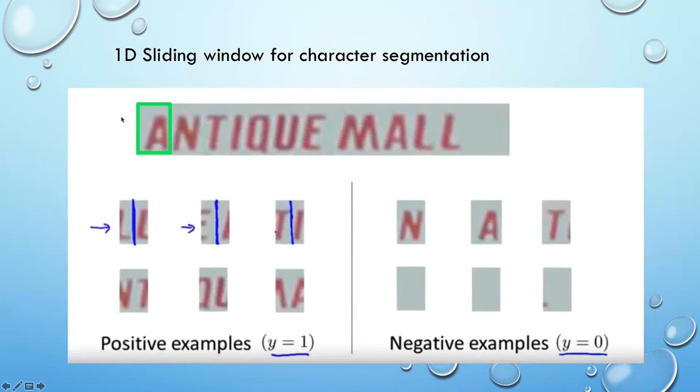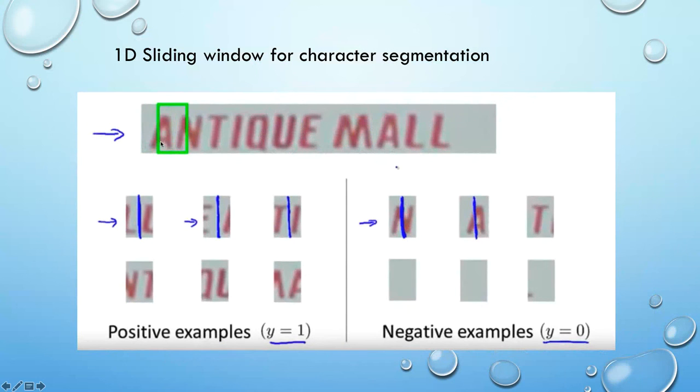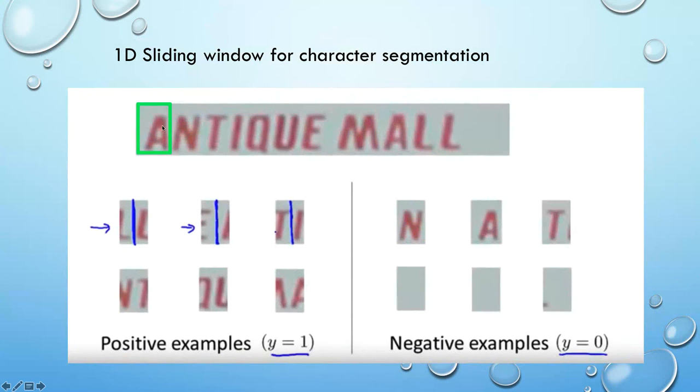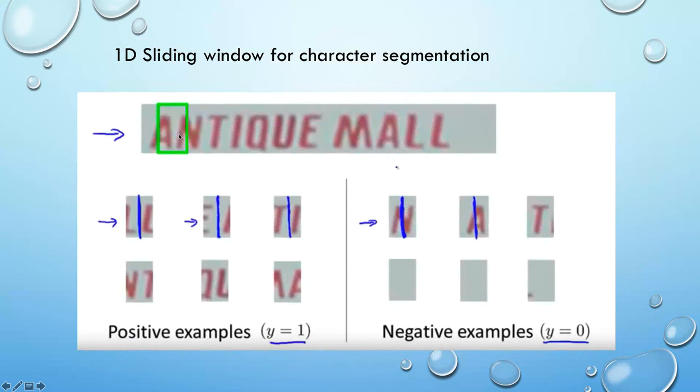After we get the classifier, we run it on this text region. We run it from here, and first we say this one is not what we're looking for, and then the next one, there is something we're looking for, so we keep running. Because this is only one row, we call that a 1D sliding window.